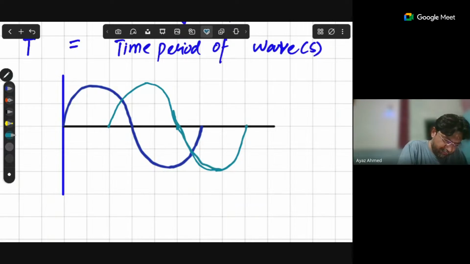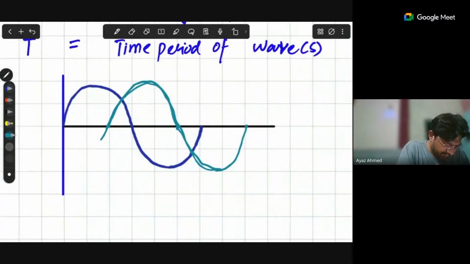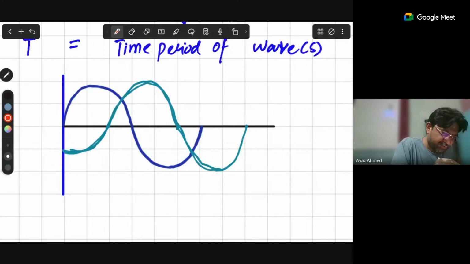In these two waves, mostly the phase difference problem is typical when you have two waves. In this situation, if you want to find the phase difference of these two waves, because this wave is starting from here, I will just consider what points we have.